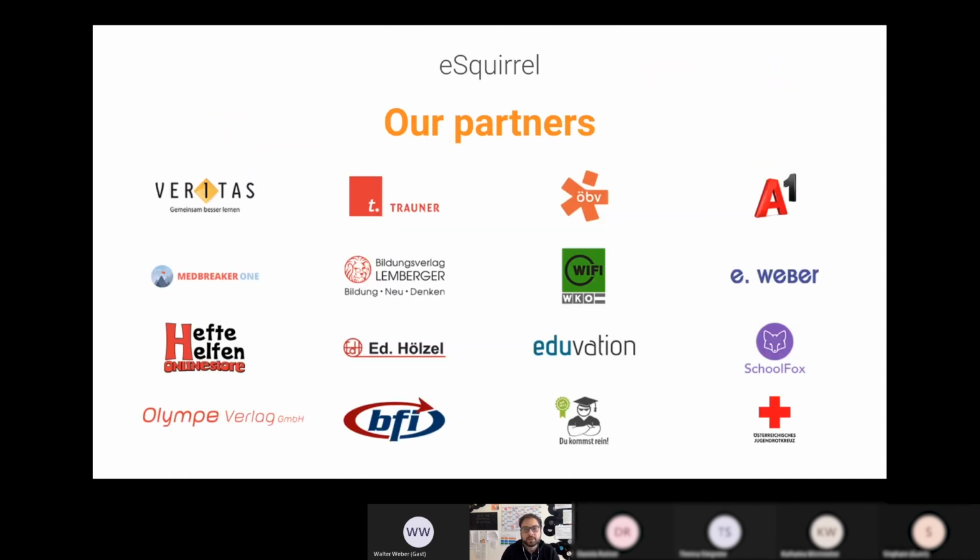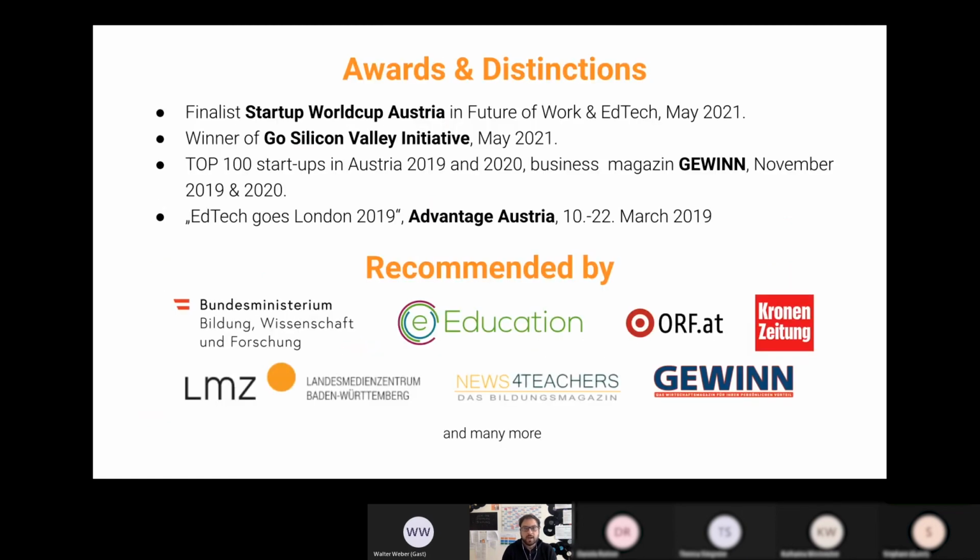Here are some of our partners. You see a lot of Austrian textbook publishers. Just to name a few, we have Weber Verlag, for example. We have the Austrian Red Cross. We have the Wi-Fi, for example, as one of our partners, E.ON, Telekom Austria, and so on. eScroll just received quite a few awards and distinctions.